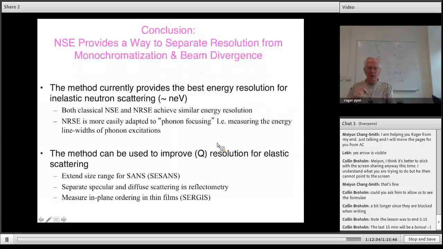So let me conclude by saying that spin echo, both in its traditional version where you're measuring energy, the Fourier transform in energy of something, so you're measuring the time dependence of the dynamics, or in this thing that I've been talking about today, the CSANS, spin echo provides a way to separate the actual resolution you get from your scattering experiment from the amount of monochromatization you do of the beam and of the beam divergence.